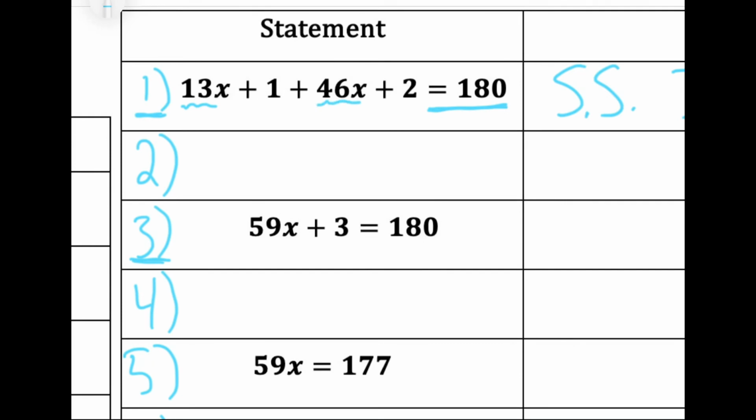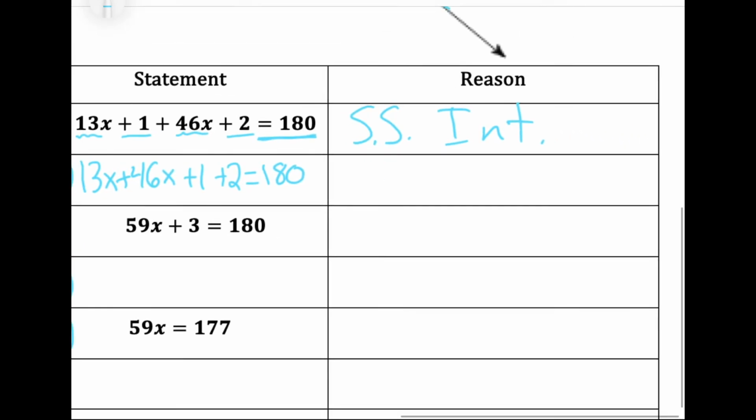So how I want you to represent this in statement 2 that you do need to fill out, I want the like terms beside each other. And then the other like terms are 1 and 2. So plus 1 plus 2 and still equal 180. So that is going to be combining for a reason.